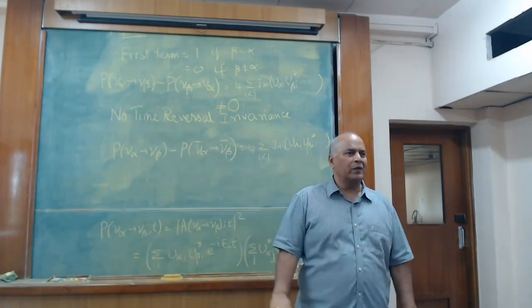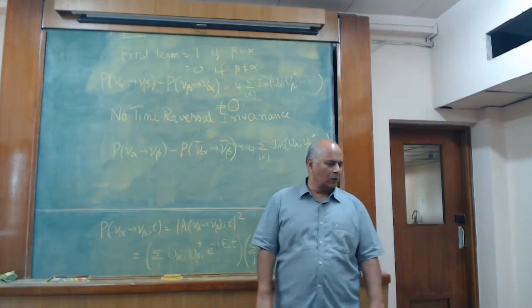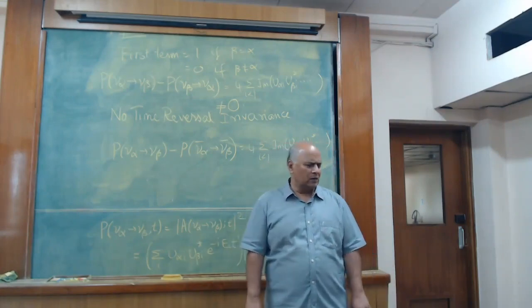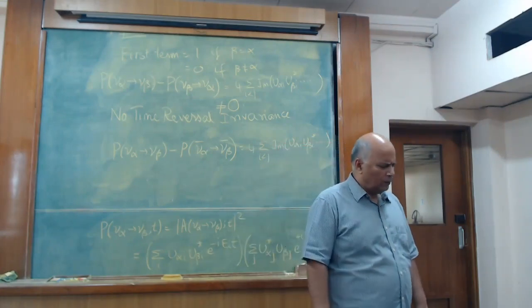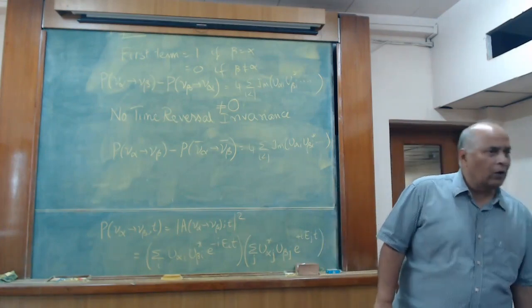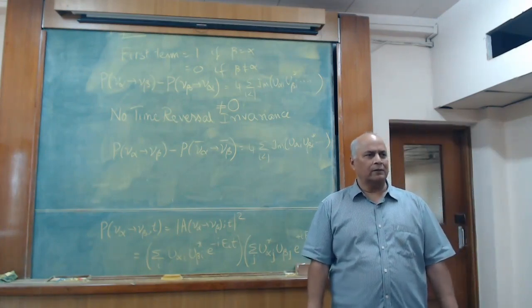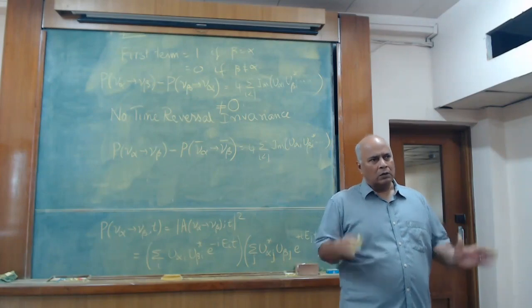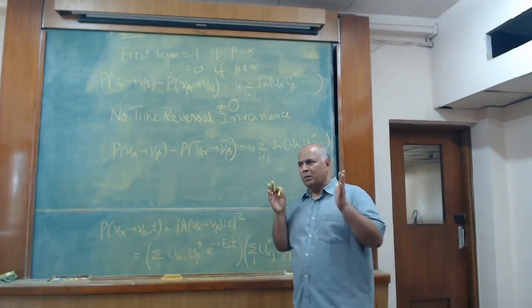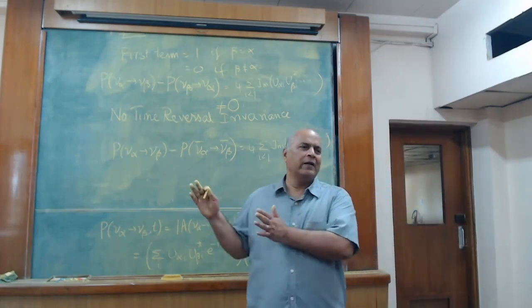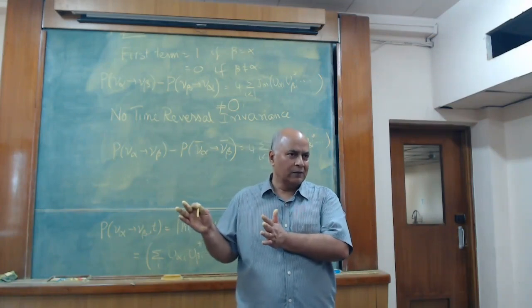The difference between these two probabilities is also non-zero, and this is a signature of what we call CP violation. CP invariance means particle properties are exactly the same as antiparticle properties.